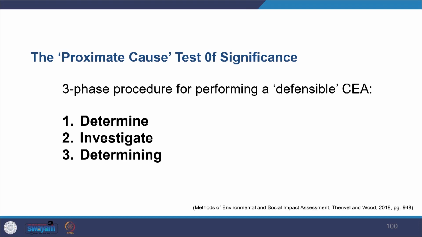Then you determine what happens to the conditions and trends of the resources. So what will really happen? That is how you decide whether the proposal has the likelihood of that happening, why that condition is there, and then what will happen to that. So based on that, you evaluate the significance.